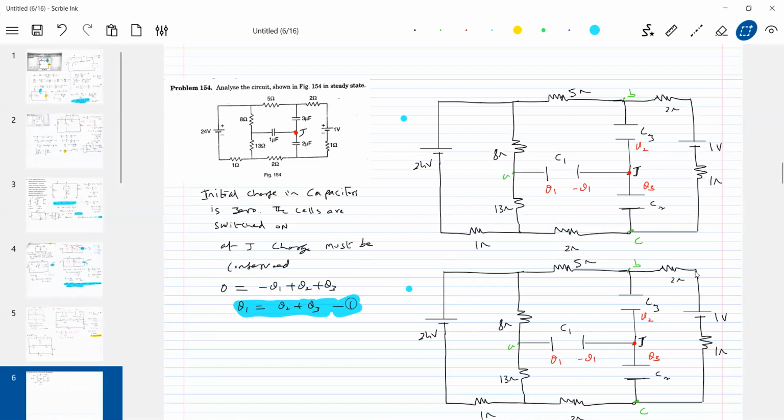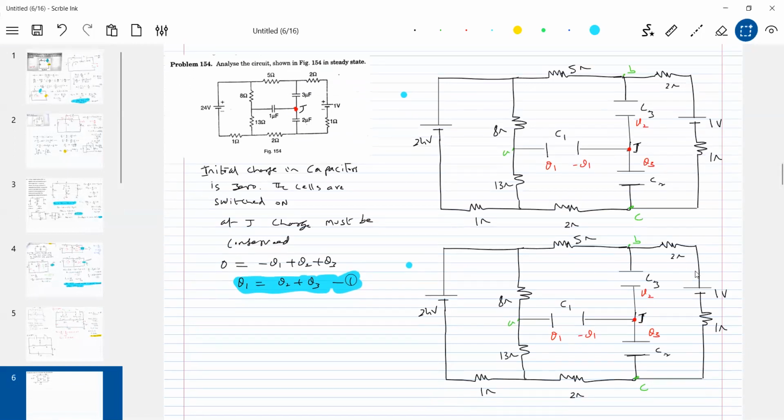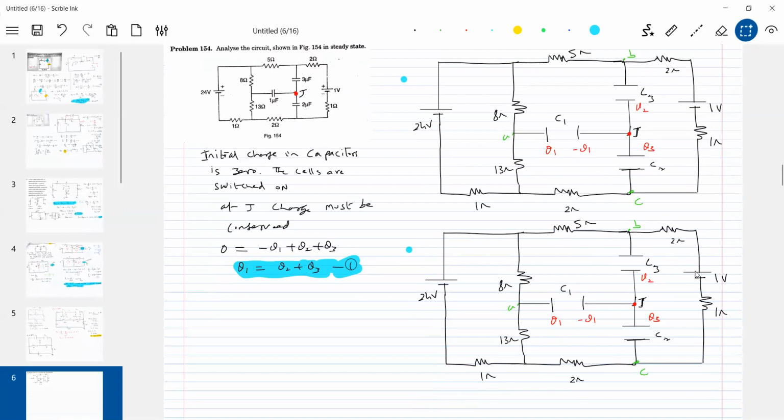Where all capacitors are there, we have to put open circuit. At steady state, no charge will flow, so I'll remove this capacitor itself. So here it will be like this.